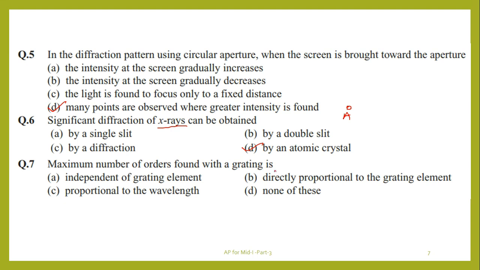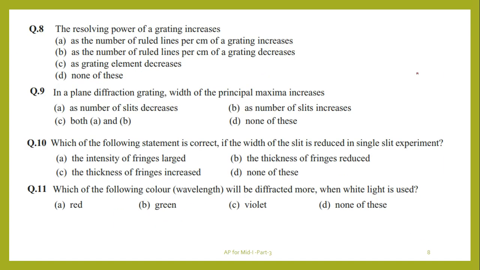The maximum number of orders found with the grating: the wavelength of a particular color equals (A plus B), which is the grating element, into sine theta. So this is directly proportional to the grating element. Then the resolving power of the grating increases.